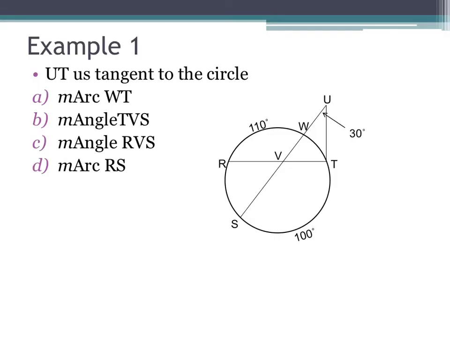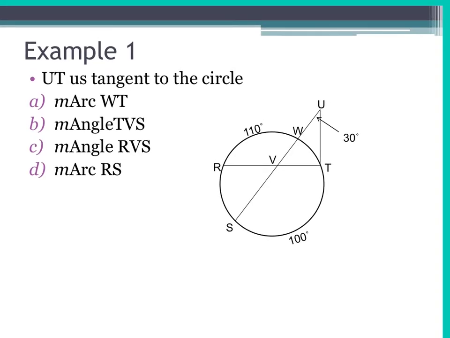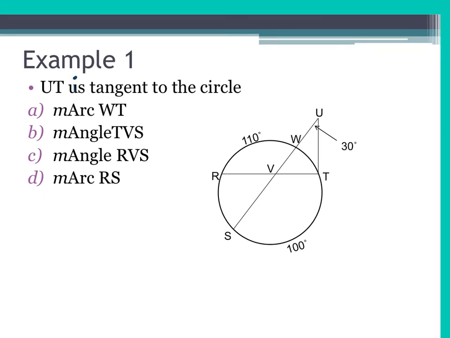Oh, sorry. Example 1 says UT, and that should be an is, not an us, is tangent to the circle. We want to find the measures of what's listed there. So arc WT is right here. Okay, let's look at the circle that we've got.